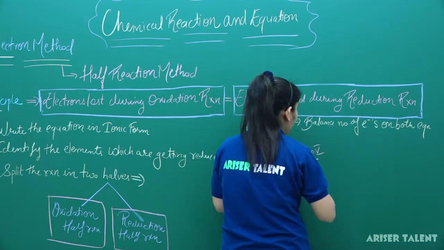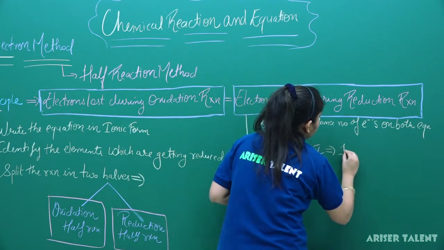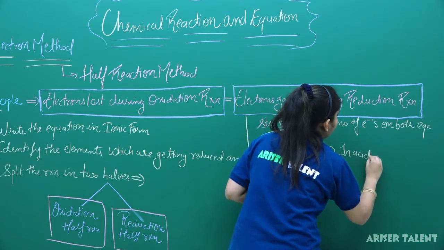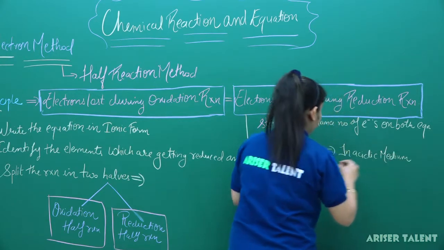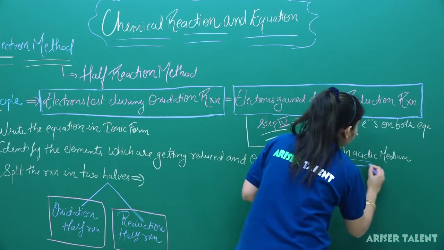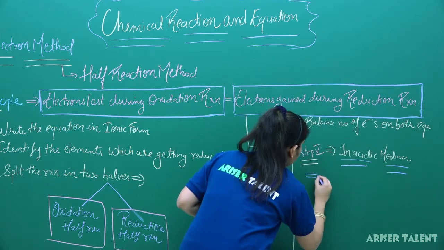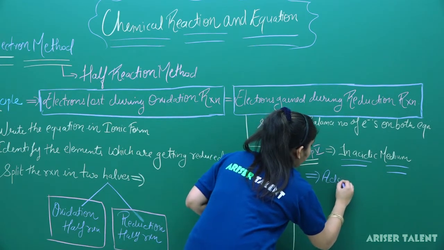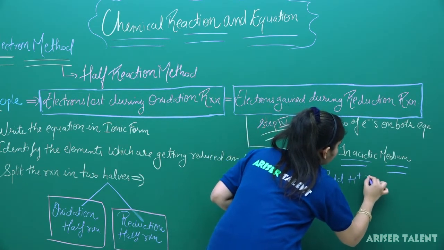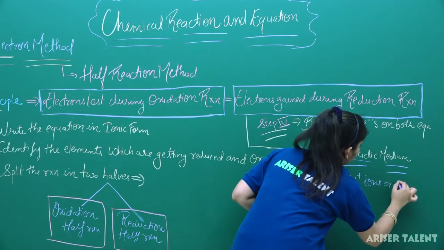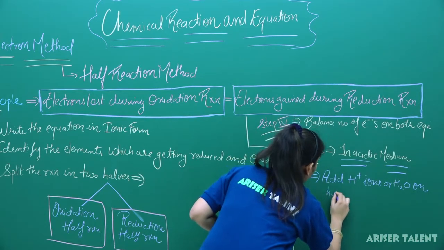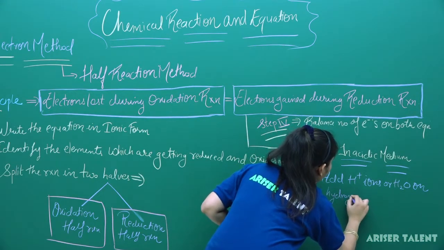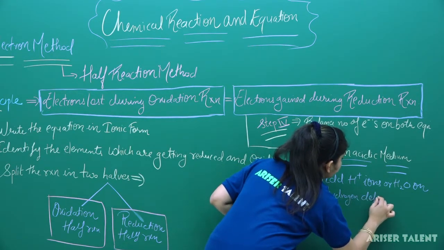So now our step number 5: if the reaction is carried out in the acidic medium, add H plus ions or H2O on the hydrogen deficient side.